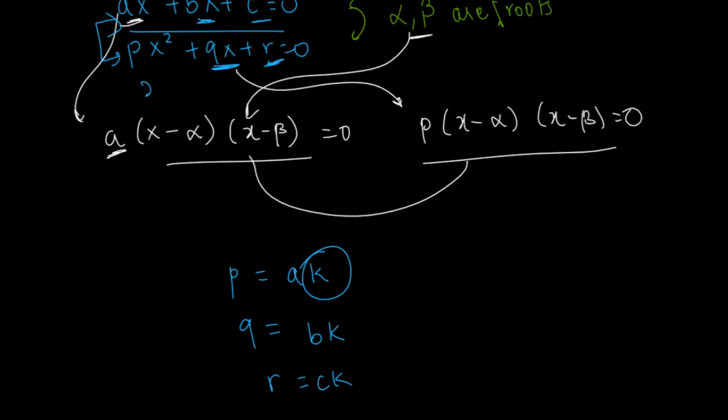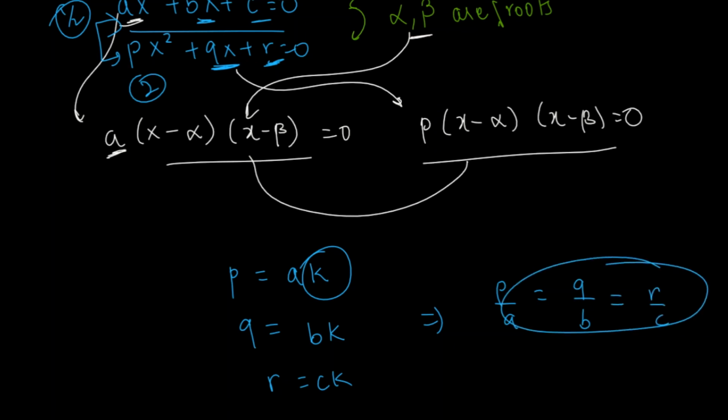If this is double the first polynomial, then this will be half that polynomial. And from this, there's a really nice condition that you can figure out, that if both of these equations have two common roots, that is, they're just the same, then you can always write that p over a is equal to q over b is equal to r over c. So basically, these coefficients are actually proportional.